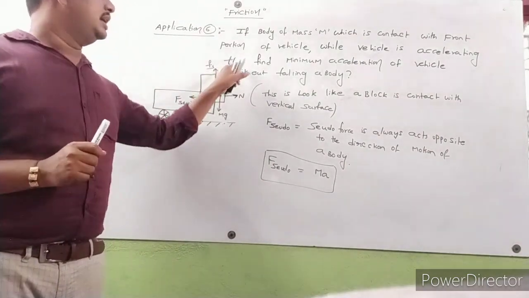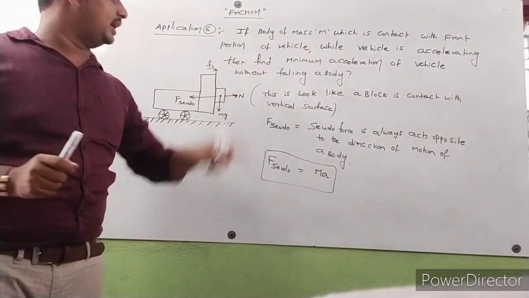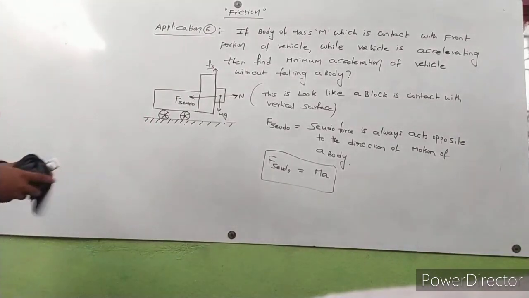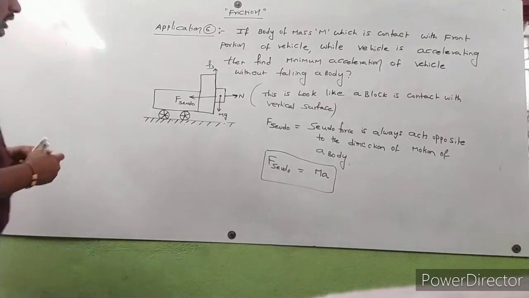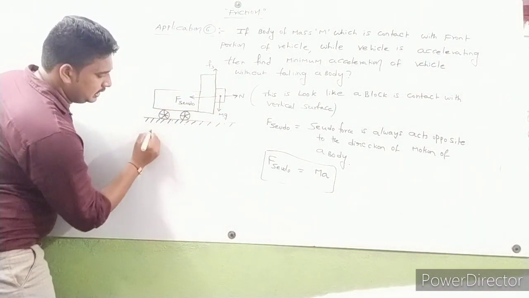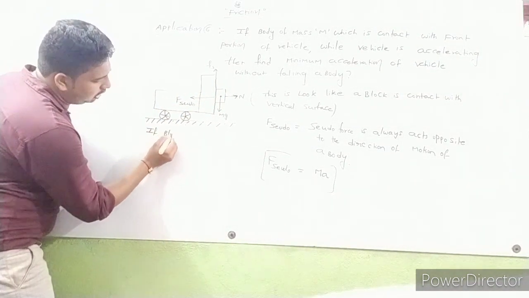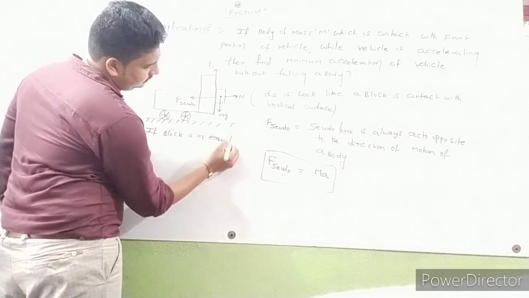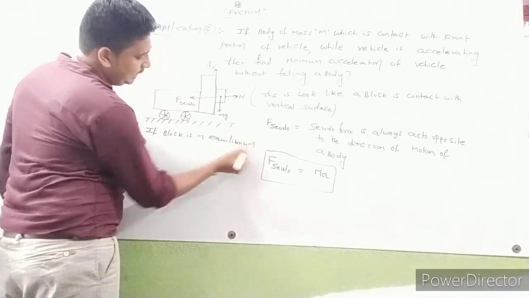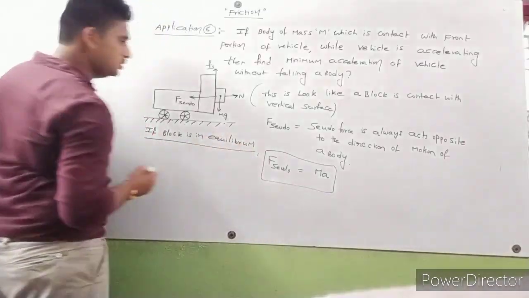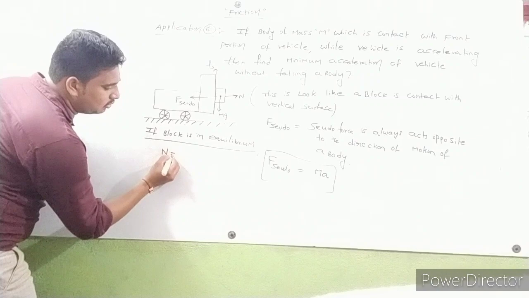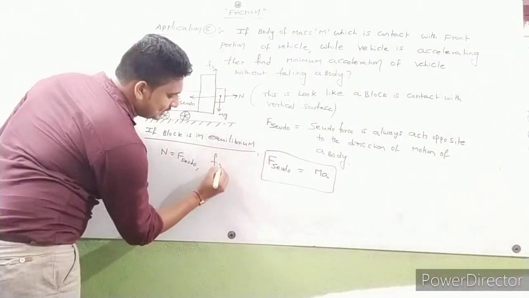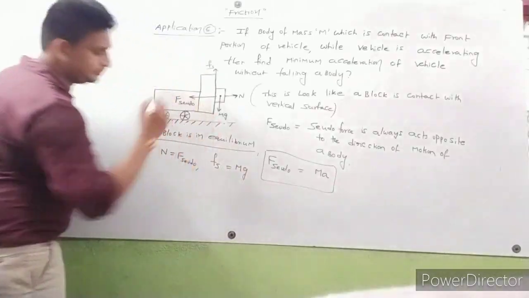What we need to find is the minimum acceleration of the vehicle without the body falling. Observe carefully. If the block is in equilibrium, then N is equal to F pseudo, and F_s is equal to mg.